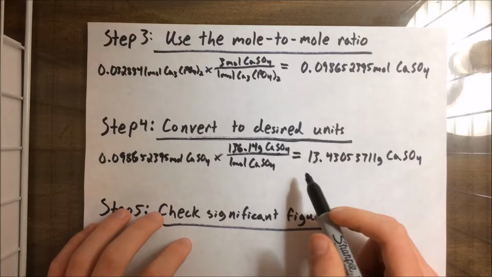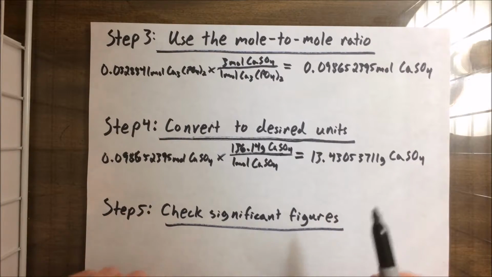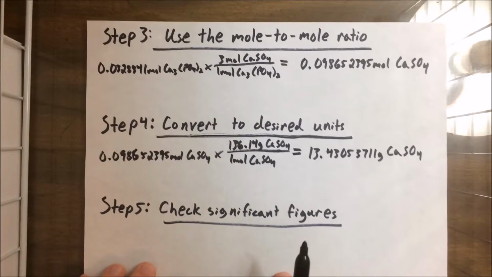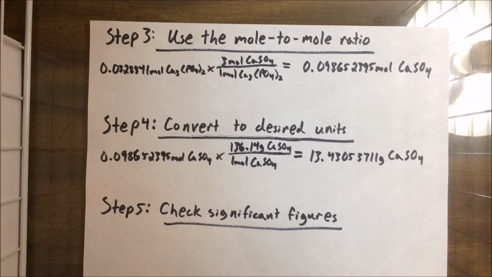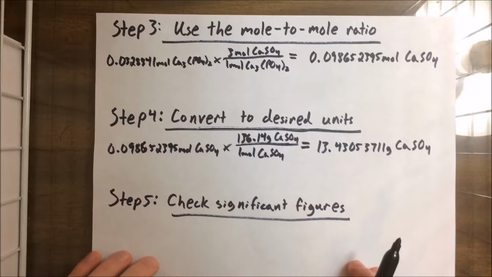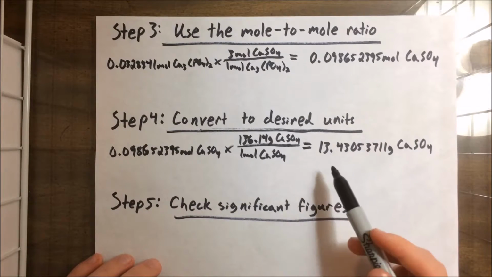Now this is the answer, but we need to remember that we have to use the same number of significant figures as the problem started with. So we have to keep track of significant figures.